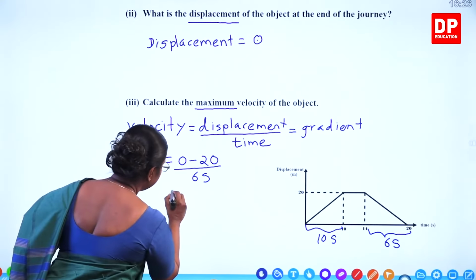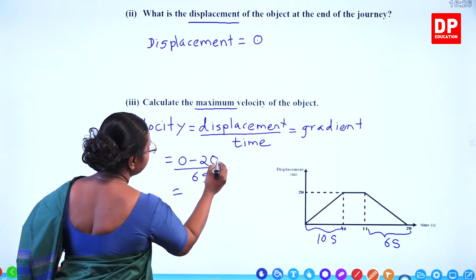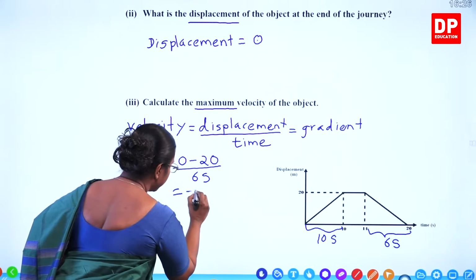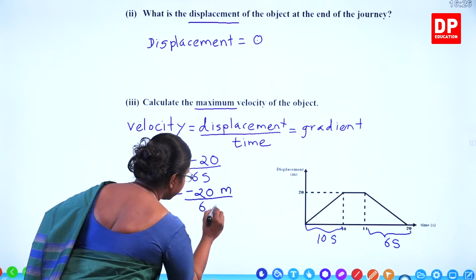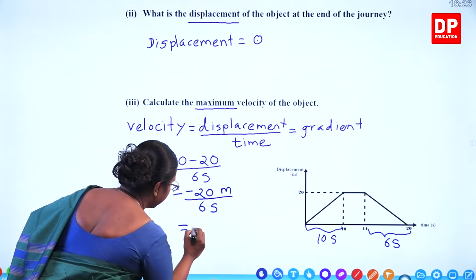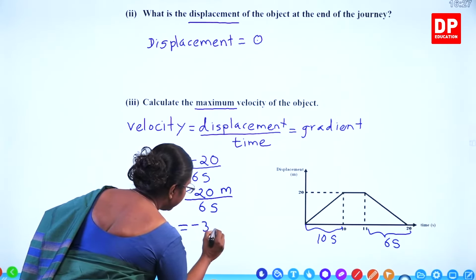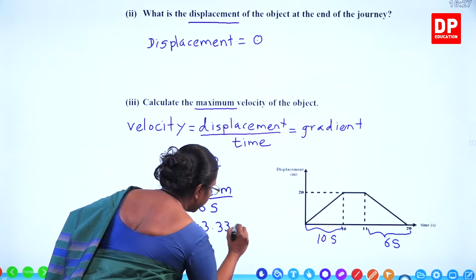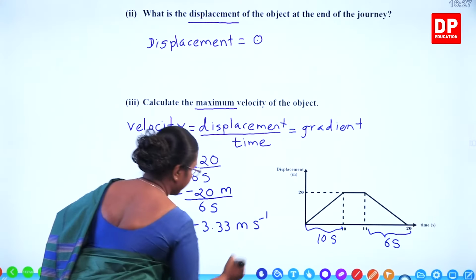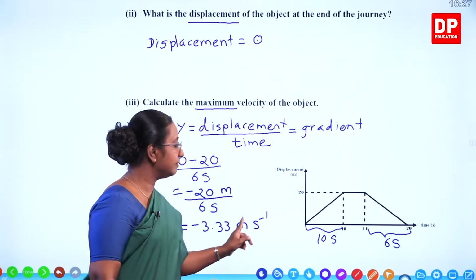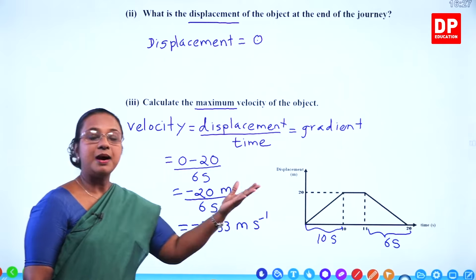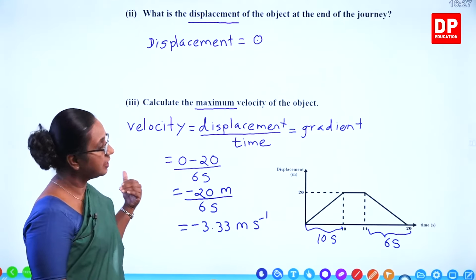So when we subtract 20 from 0, it is going to be minus 20 meters divided by 6 seconds. That will be equal to minus 3.33 meters per second. So here the velocity is 3.33 meters per second but in the opposite direction.